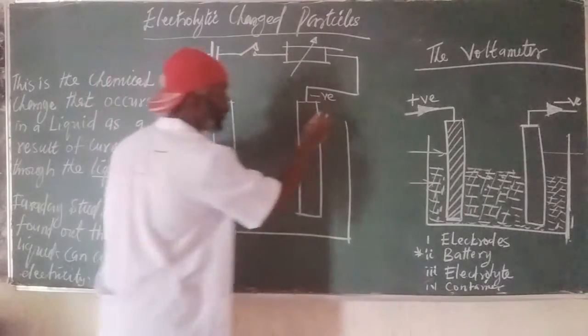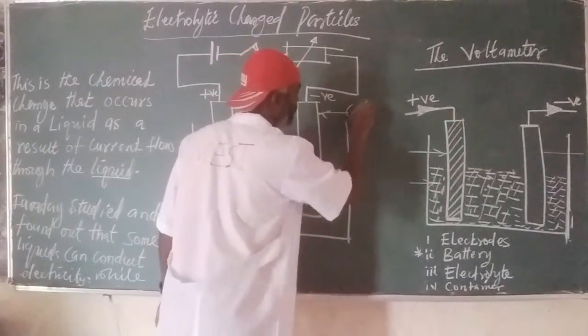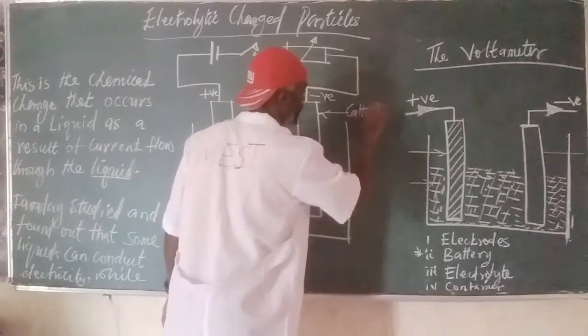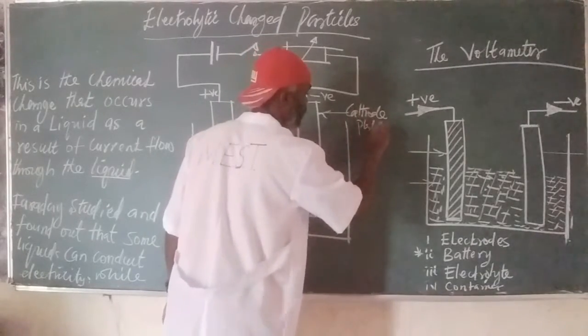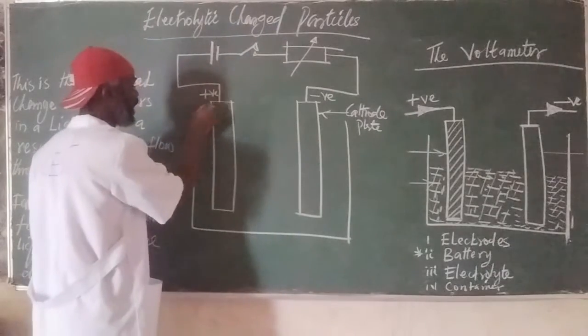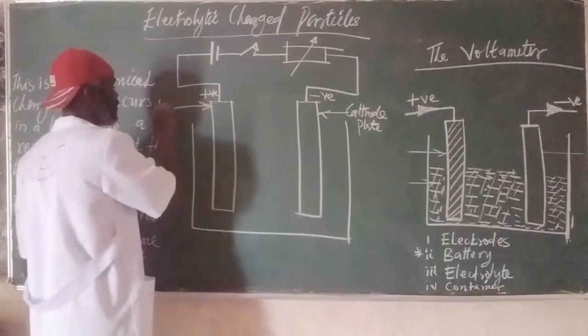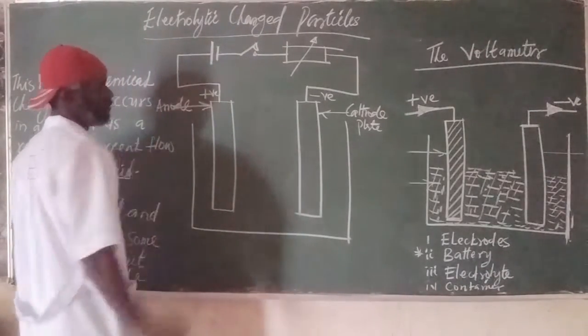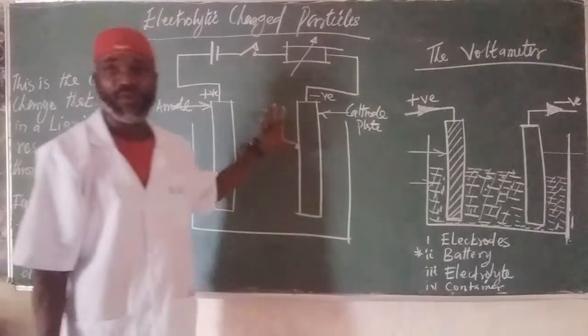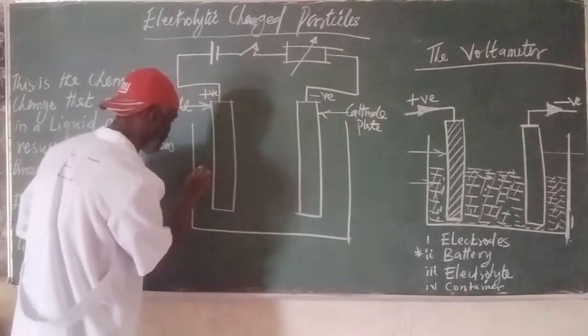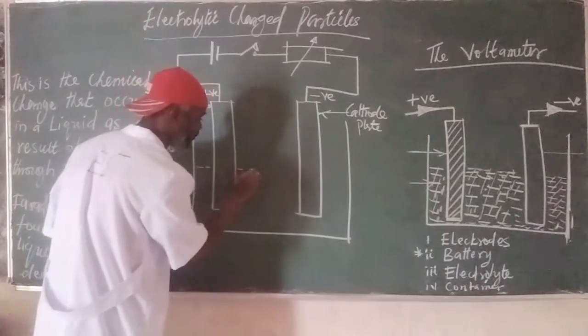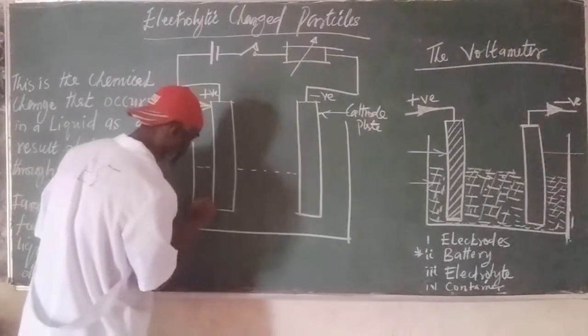And remember, I call this the cathode, the cathode plate or rod. This is the anode, right? Good. So if we have this, we can now explain what happens.